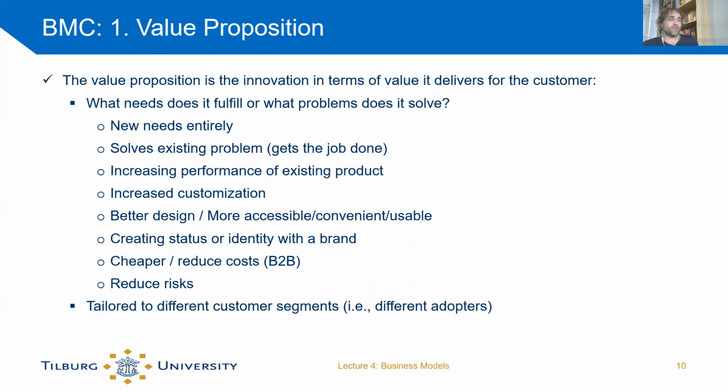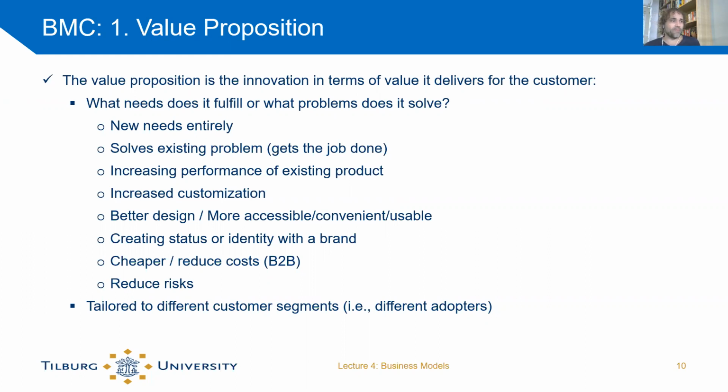So an innovation can focus on new needs entirely. It can solve existing problems, you know, get the job done, and wash your clothes more quickly or cleaner than before, which also means increasing performance of an existing product. This does your laundry 2 times better, whatever that means. Increased customization, a better design, so more ease of use.